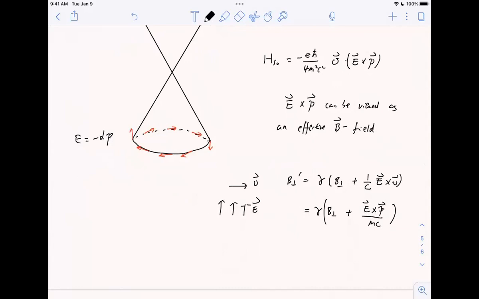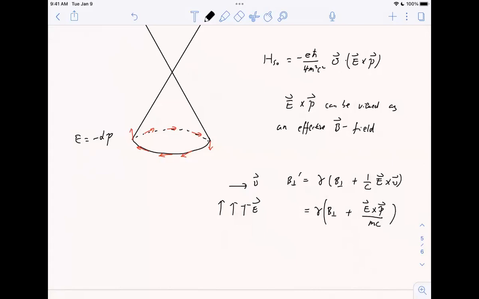If you use the Lorentz transformation, you'll find that in the frame of the particle, it will see an effective B field due to its motion. And that effective B field is E cross P.